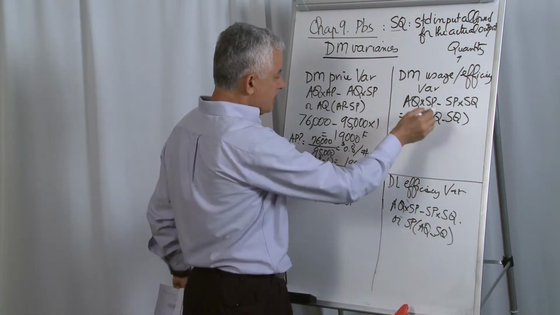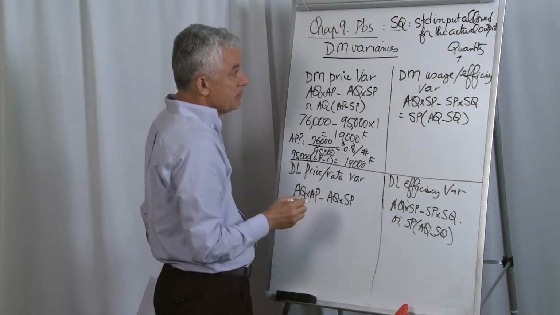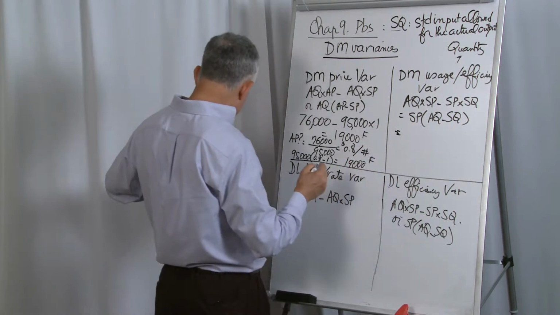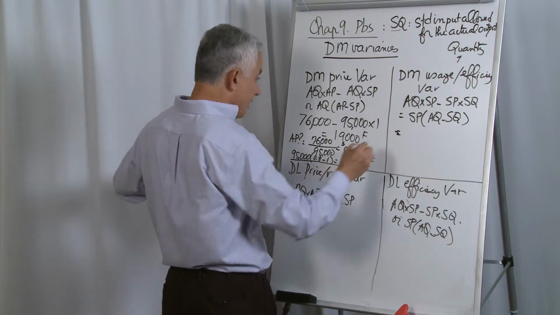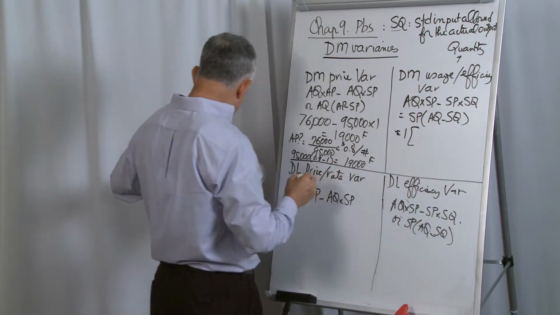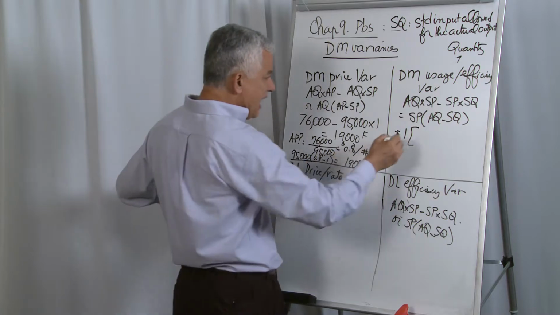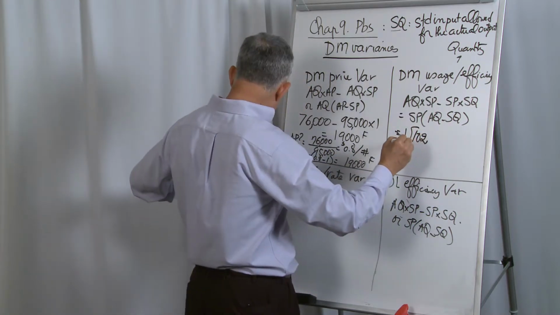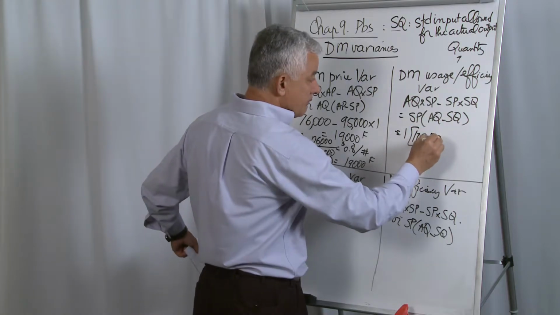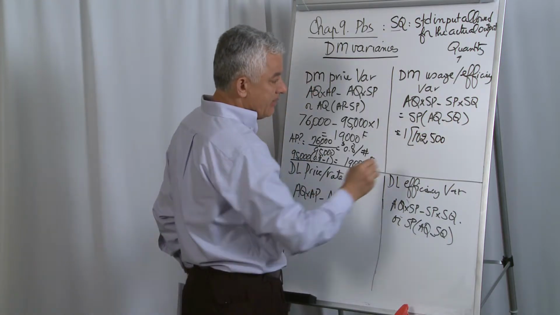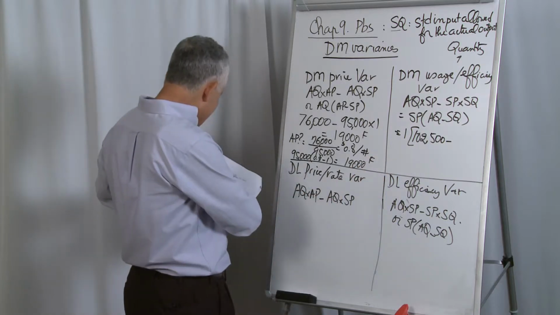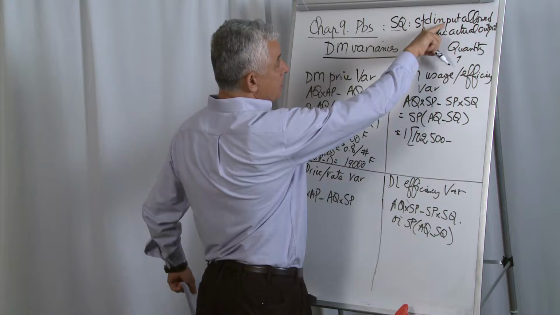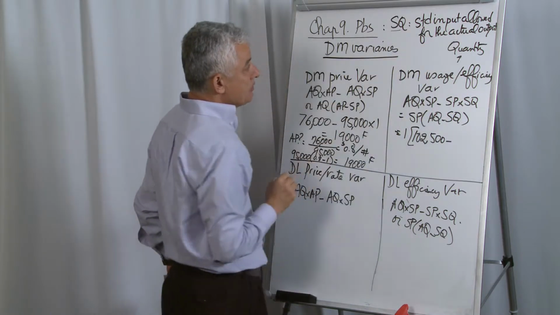So now, let's switch our attention to the direct material usage or efficiency variance. We have the standard price, which is $1 per pound. And then the actual quantity used, they're telling us, is 102,500 minus the standard quantity. The standard quantity is the standard input allowed for the actual output, right?